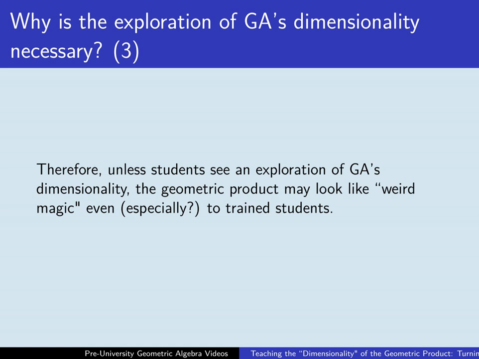Therefore, unless students have been given an exploration of geometric algebra's dimensionality, the geometric product can look like weird magic even to trained students, or perhaps especially to students who have been trained to see what's going on.